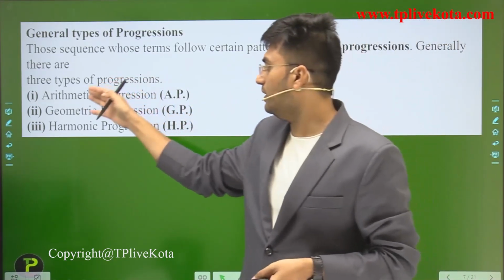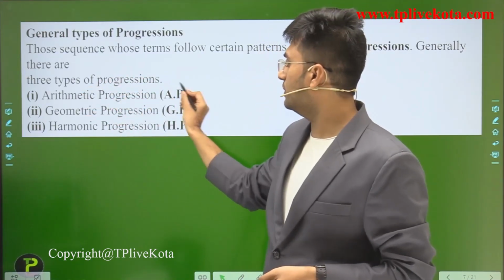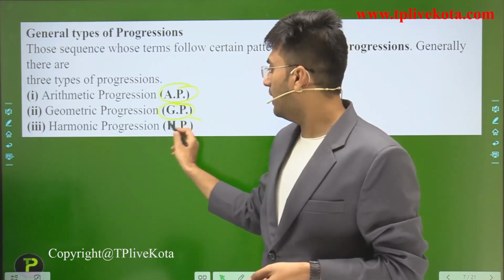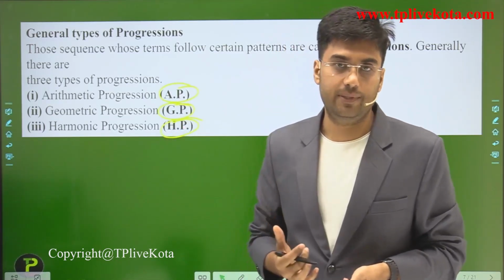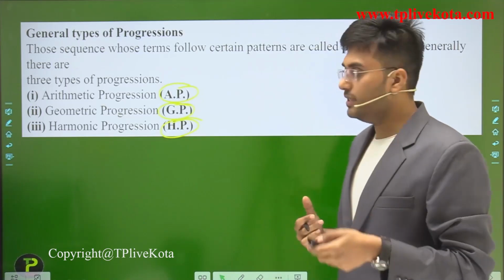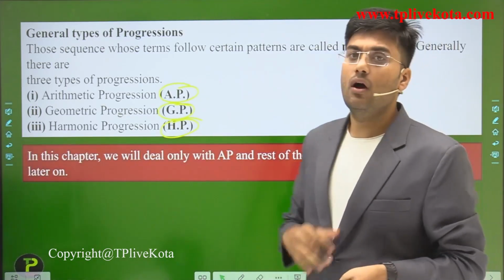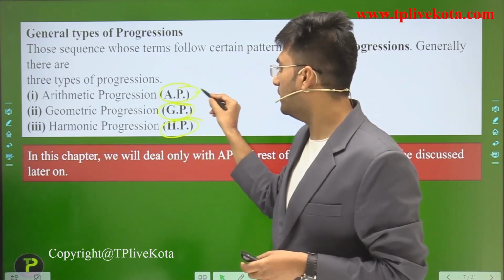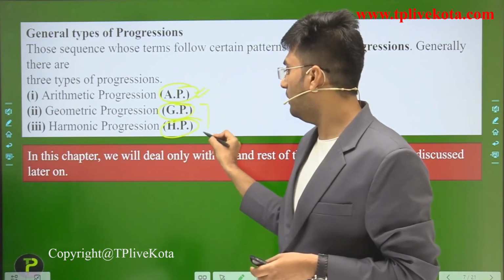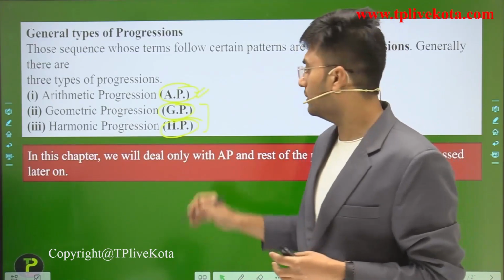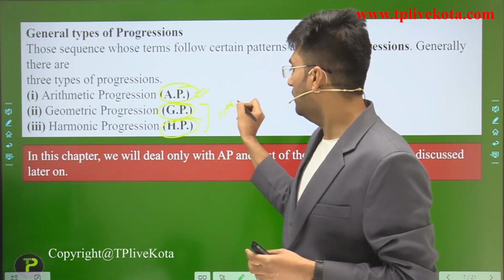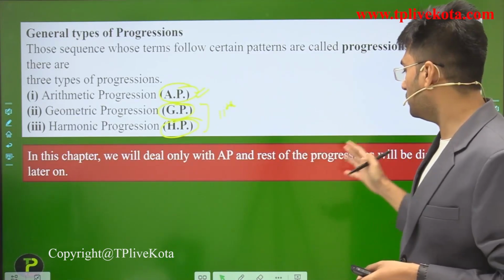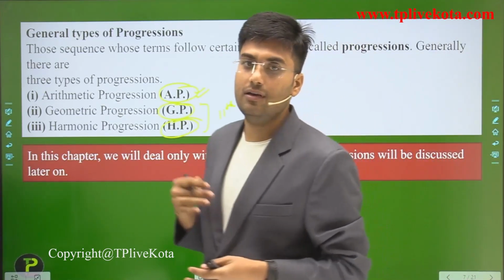In short we call them AP, GP and HP. Students, in this chapter, in class 10th, we only study arithmetic progression. We study geometric progression and harmonic progression in class 11th. So in this chapter we deal only with AP, and the rest will be discussed later on.